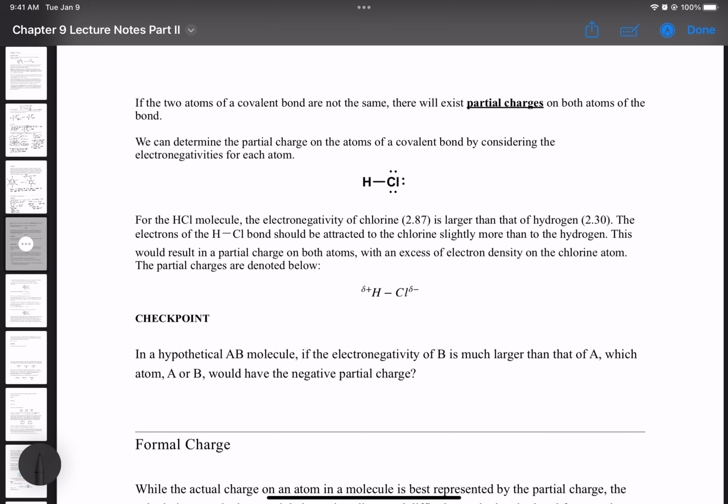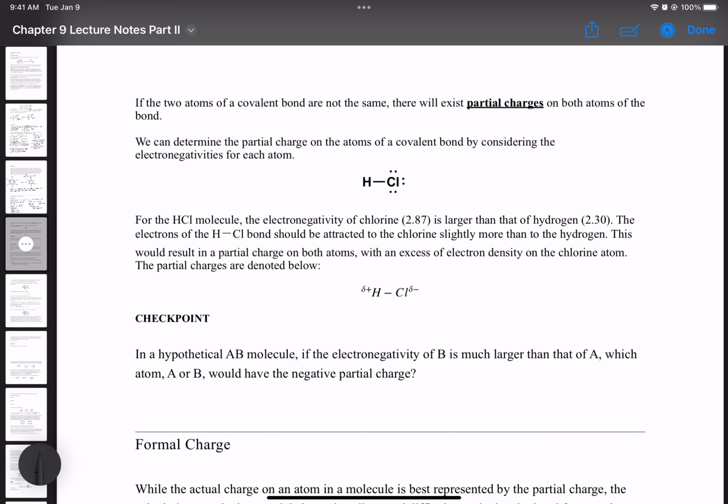Don't worry too much about how we came to determine these values, but there's an equation, some mathematics involved, where we consider the atom's ionization energy and also the influence of its nucleus, its positive charge in the atom. So there's some theory behind it, but we are not going to focus on that for this class.